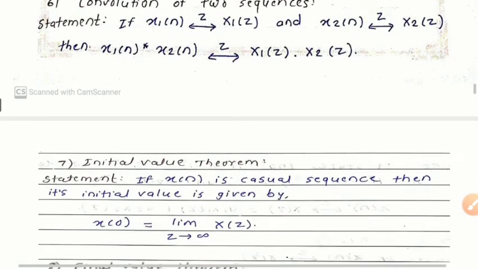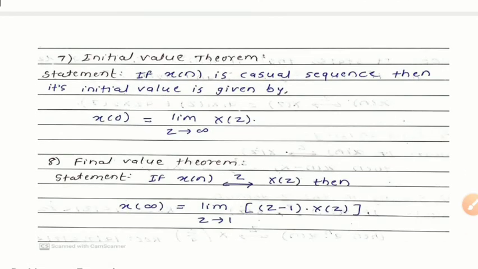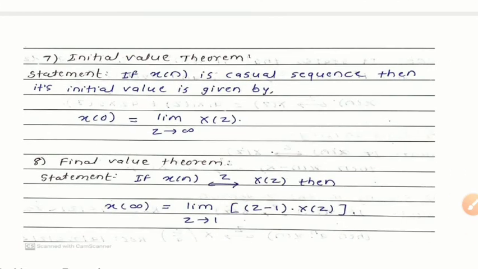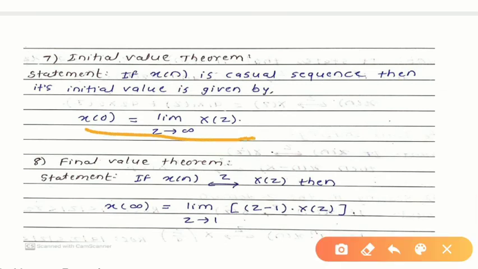The next property is the initial value theorem, and the last one is the final value theorem. So we will quickly see. The initial value theorem indicates that if x of n is a causal sequence, then its initial value is given by x of 0 is equal to limit z tends to infinity x of z.